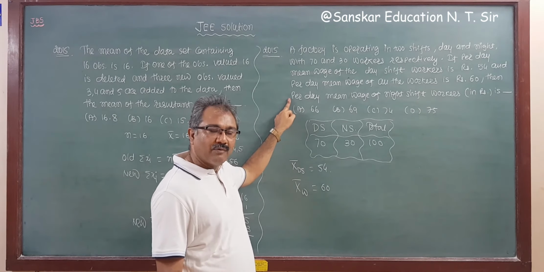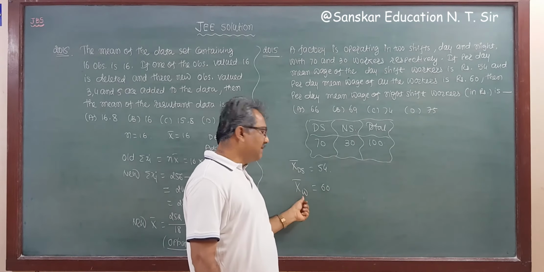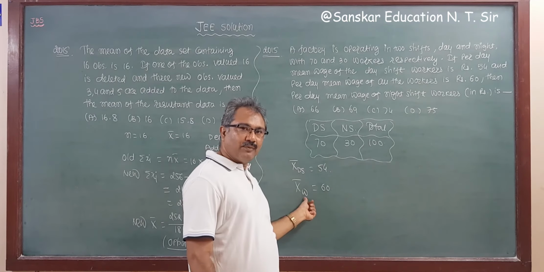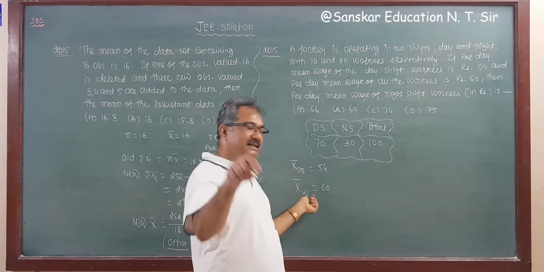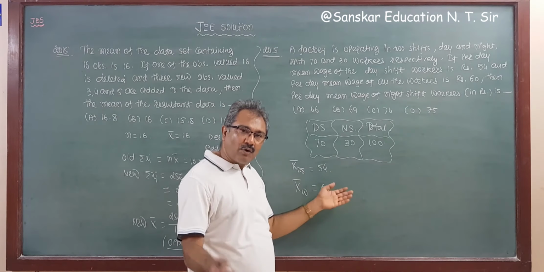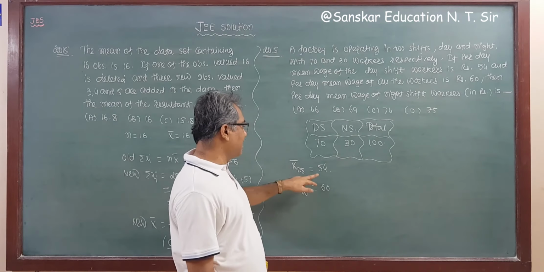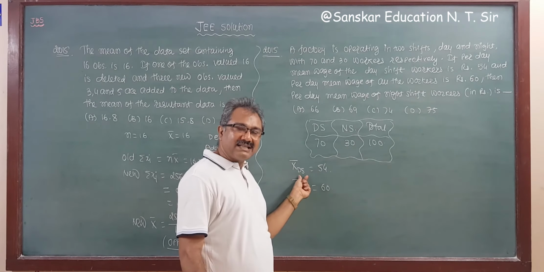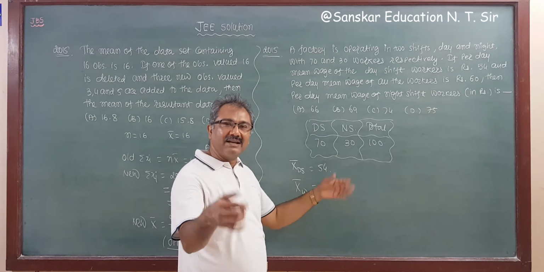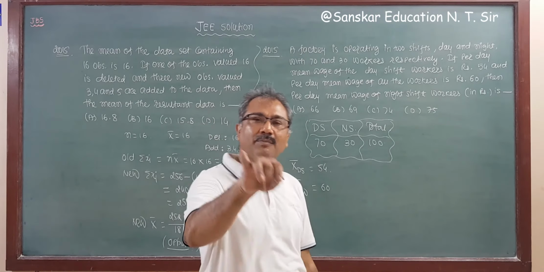You know what we have to do? We'll find out sigma W and then subtract sigma DS from this sigma W, means for all workers sigma xi we have to find out, and then subtract sigma xi of DS, that is day shift. Then we can get the sigma xi for night shift and then divide by number of workers.